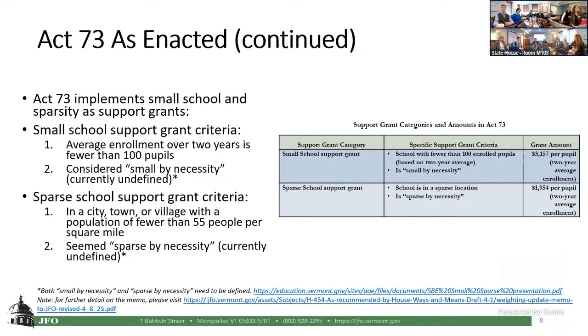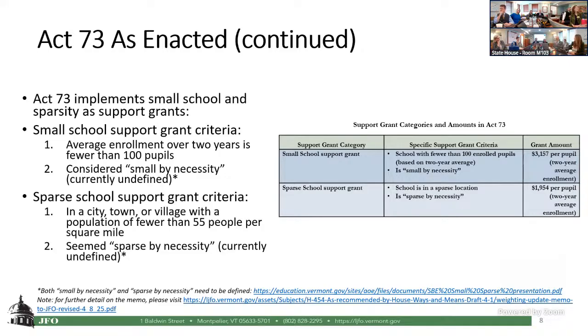So it absolutely is a policy choice. There is a sparsity weight that exists in current law, the tax capacity weight. And the determination of that sparsity as an additional funding category or tax capacity weighting category stems from the original research done by Doctors Colby and Baker, and then again in the memo, which identified that there was a significant additional cost difference associated with the provision of education to students in geographically sparse areas.